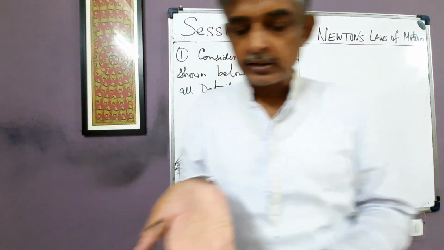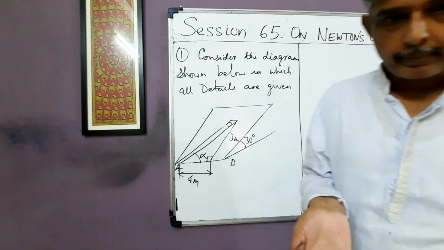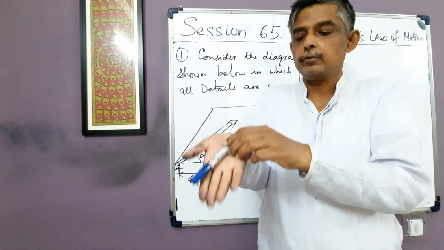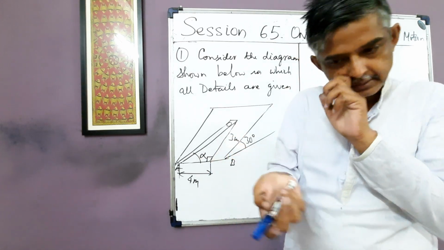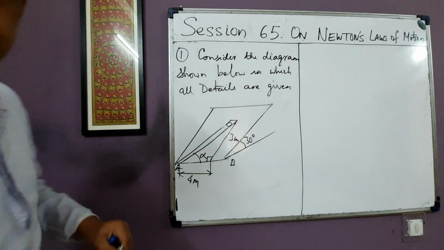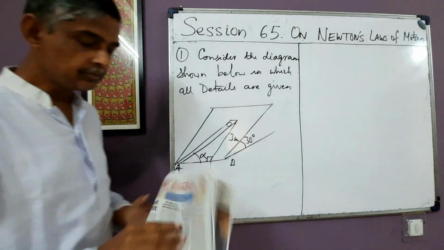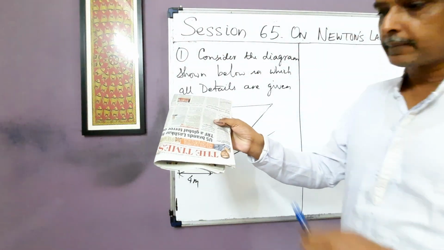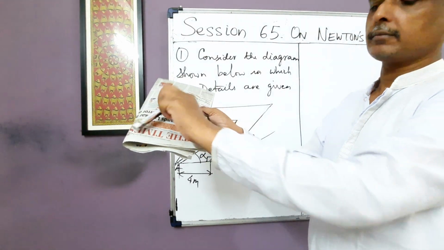See, the situation is something like this. I'll take just another paper and explain it by diagram. See, this is the inclined plane. This is the groove AB.